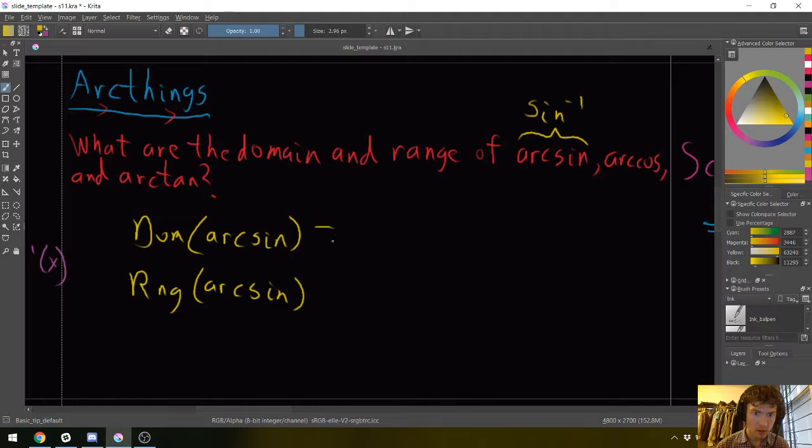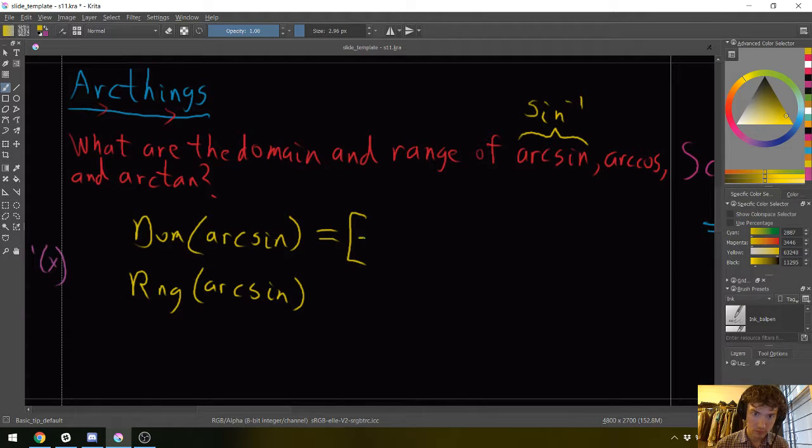Yes, inclusive. Why 0 to 1? Wait. I think the domain of the inverse function should be the range of the original function. Okay, yeah, I see what's going on here. So the domain of that would be the range of sine, which is -1 through 1 inclusive.